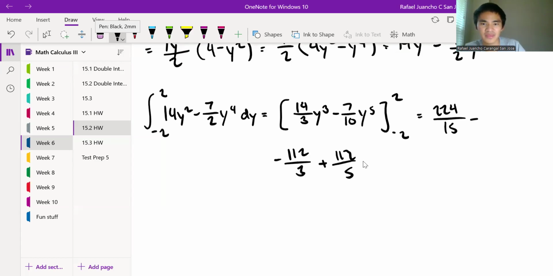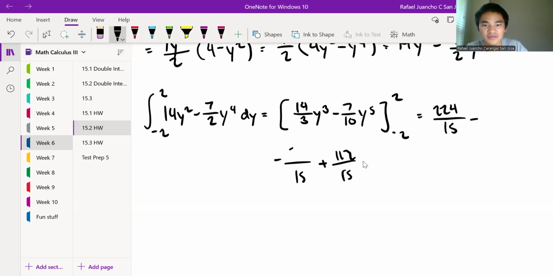And then we make it all 15. This is a 3. So now this is a negative value, right? 560.